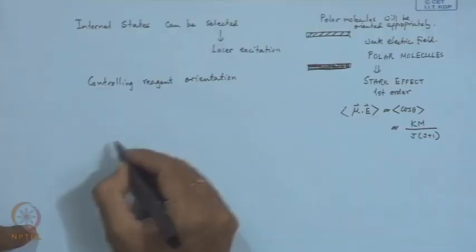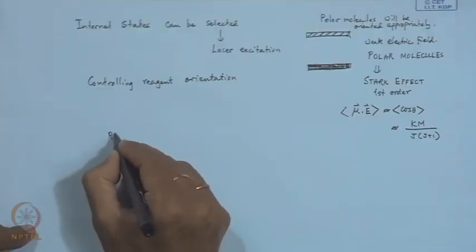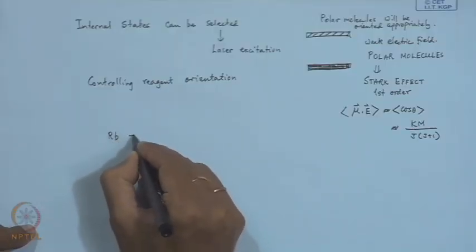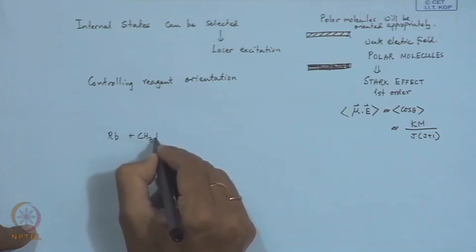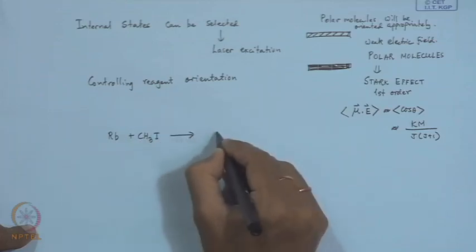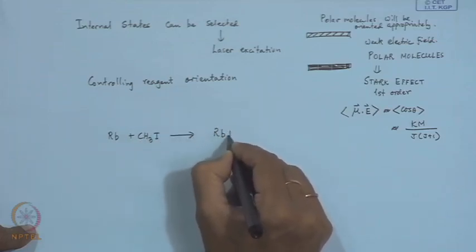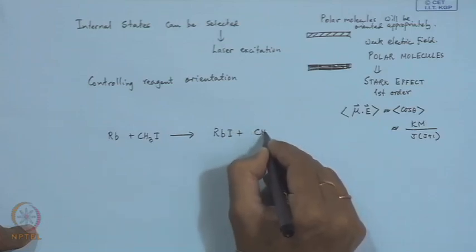Next we will move on to the question: is there any stereochemistry, that is, whether some specific orientation is important for a reaction to take place. For this, let us take one example: rubidium plus CH3I giving rise to rubidium iodide plus CH3.